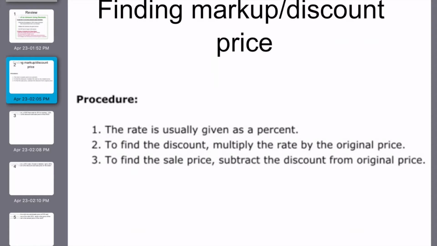And then in order to find that sale price, that discounted price, or that larger price, I need to subtract or add that discount from the original price. If it's a markup, obviously I need to add on top of that original price. If it's a discount, which means it's getting sold for less or it's on sale, then I subtract from my original price. So let's give it a try, shall we?